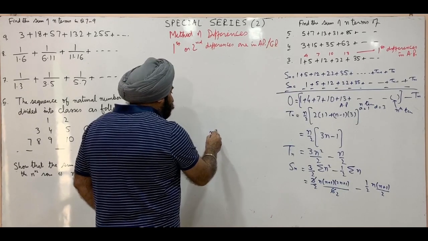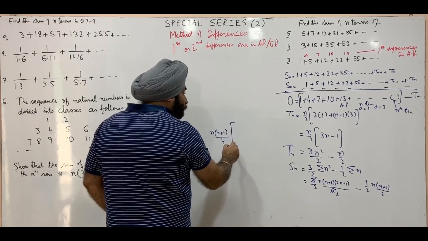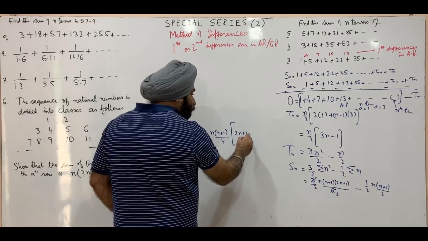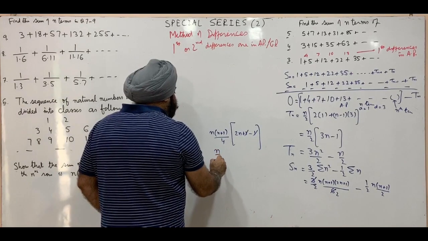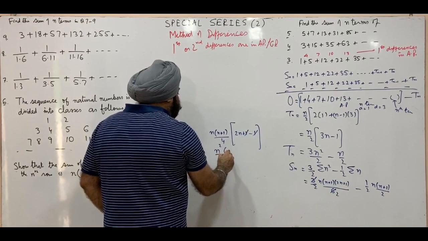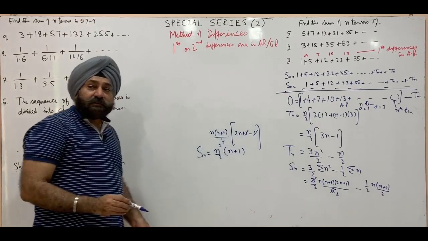So take n into n plus 1 upon 4 common. Inside it's 2n plus 1 and minus 1. This will cancel out. So that's n square by 2 into n plus 1. This is the sum of n terms of the series.